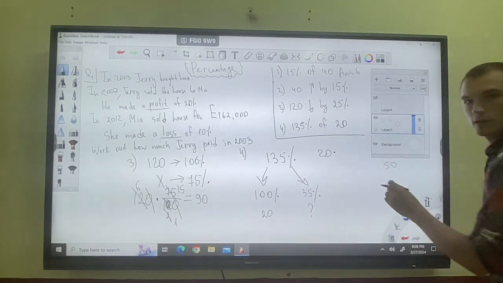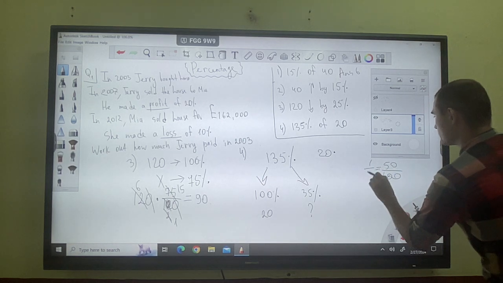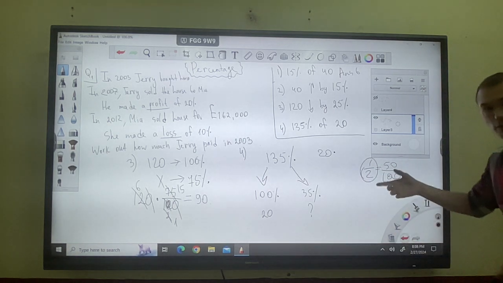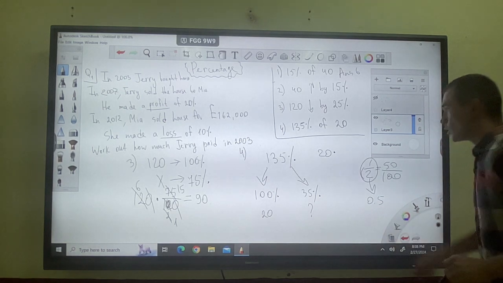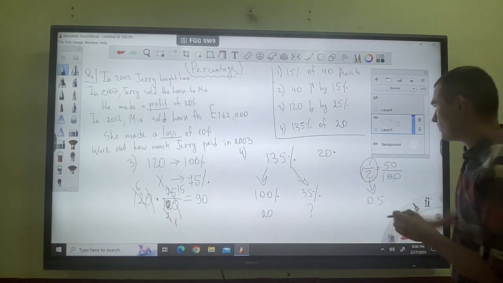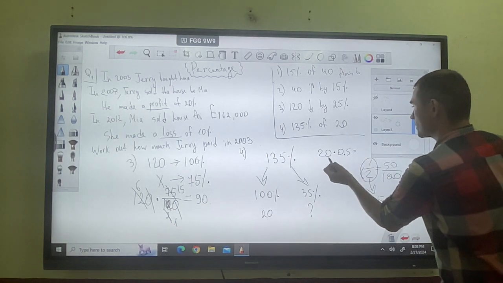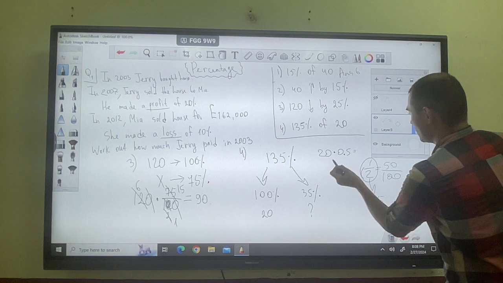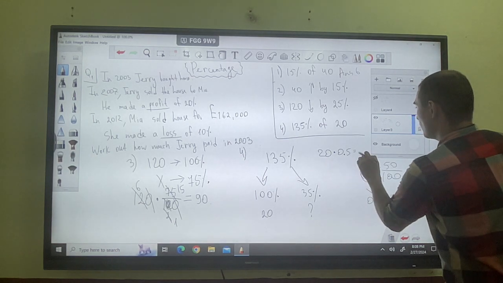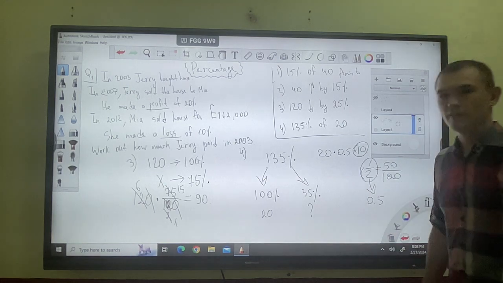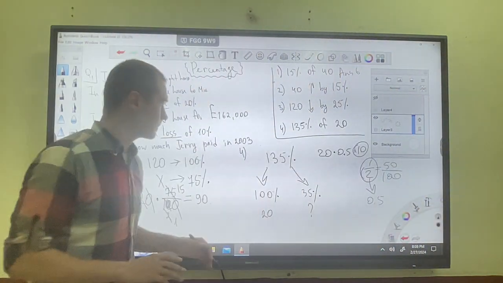If we simplify, it's going to be 1 over 2, right? 1 over 2 as a decimal is 0.5. So all we need to do to find 50% of 20 is multiply by 0.5. The decimal place cancels out, and 2 times 5 will be 10. So we know that 50% of 20 is going to be 10.